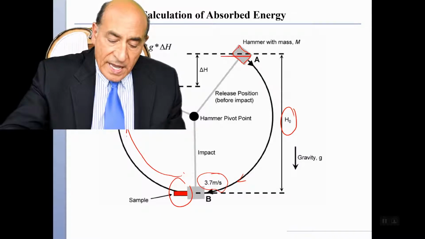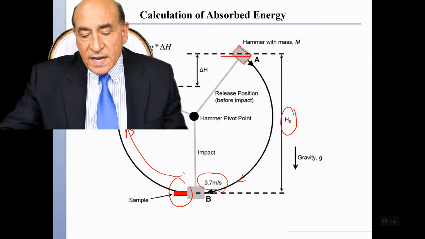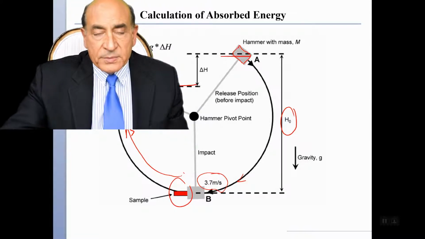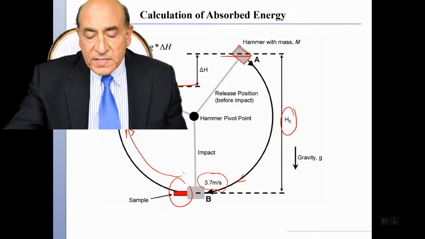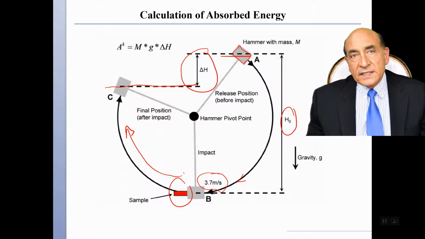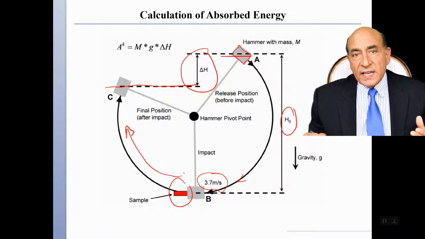Then the hammer does not rise as high as the initial position, and it only rises up to a lower level. The difference between the initial and final position is delta H, and delta H corresponds to a potential energy that is absorbed by this sample.